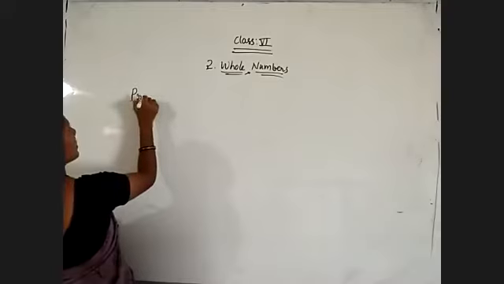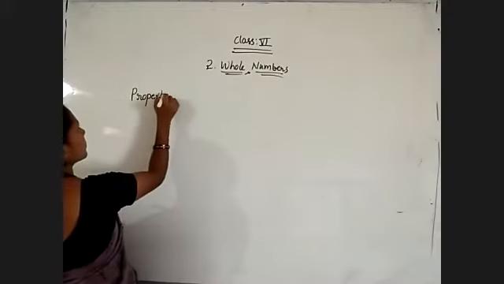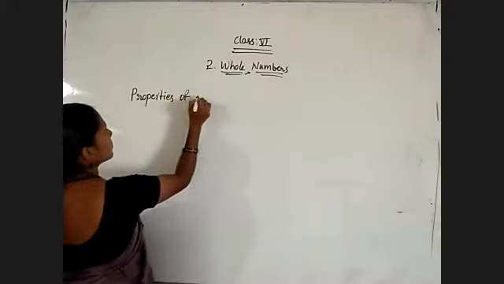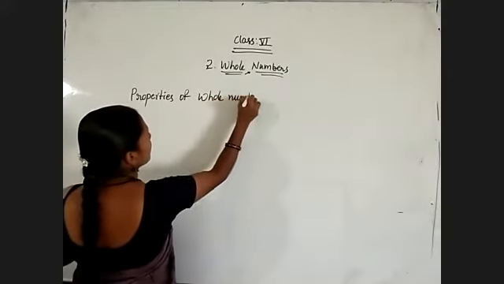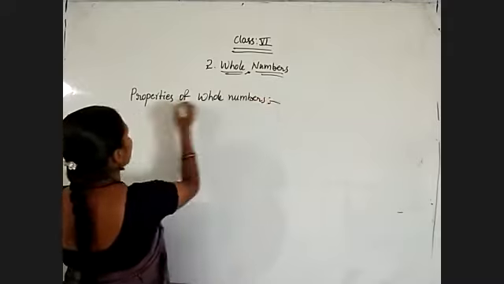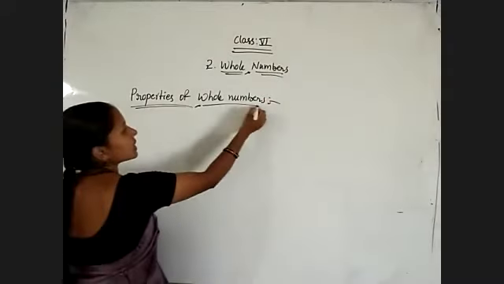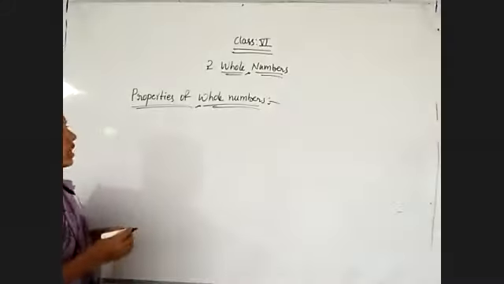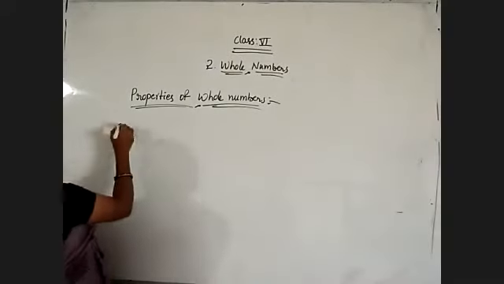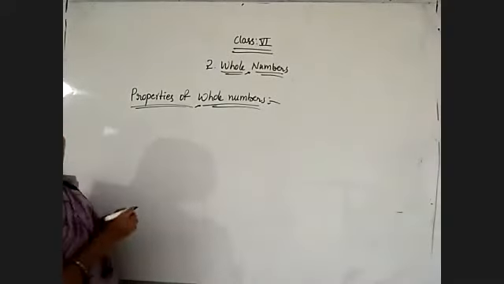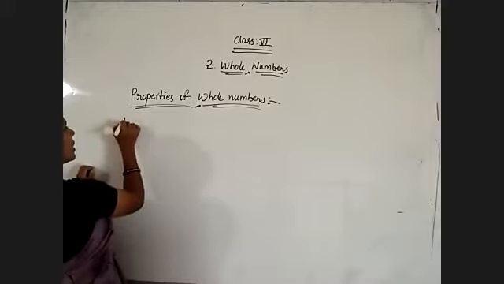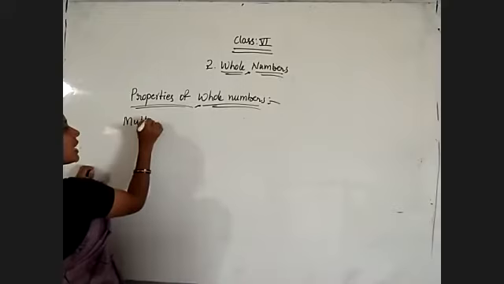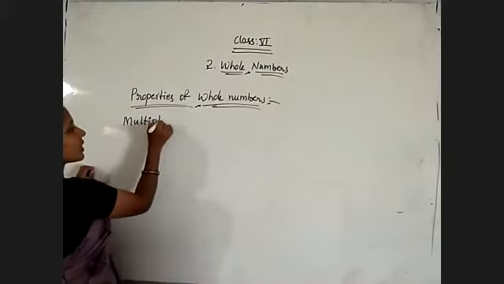Properties of whole numbers under multiplication. Yesterday we discussed addition. Now I am going to apply all those properties that we discussed to multiplication. Here I will revise whatever we finished yesterday.